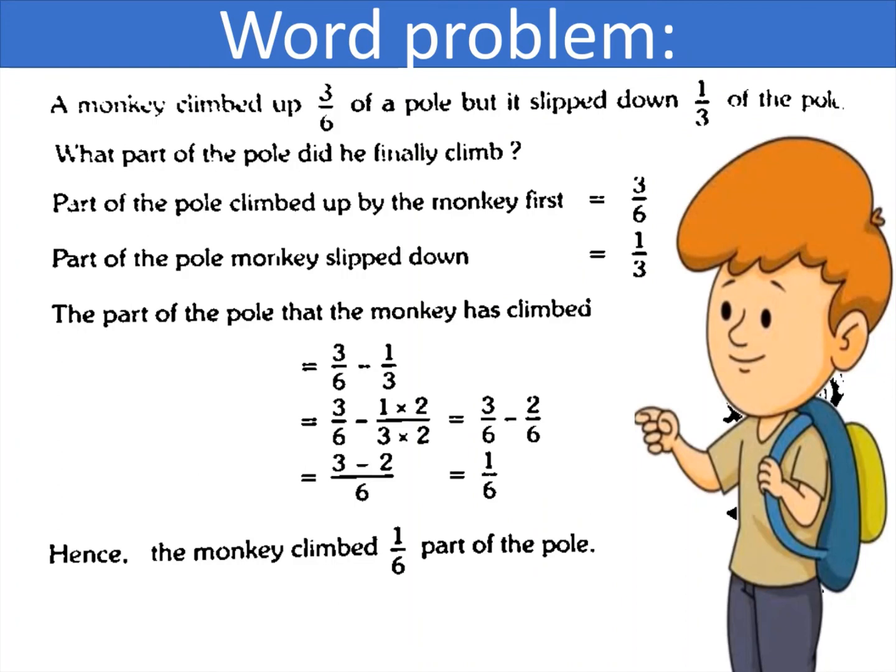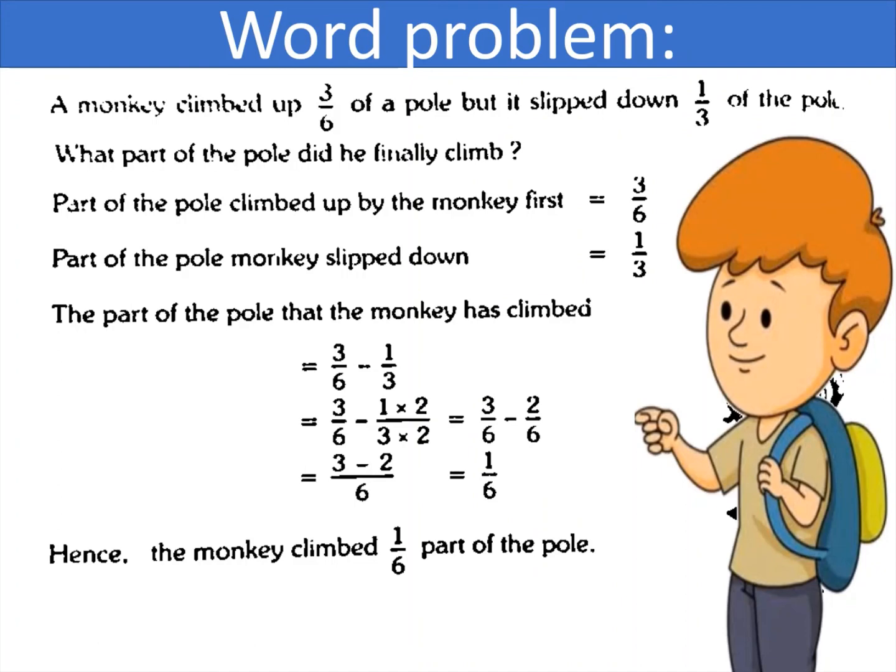So first statement that we shall write here is part of the pole climbed up by the monkey first is 3 upon 6. Part of the pole the monkey slipped down is 1 upon 3. Now how much part did he climb? Means to say 3 upon 6 minus 1 upon 3.